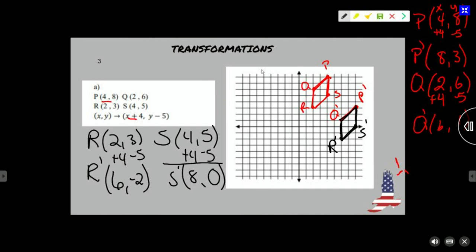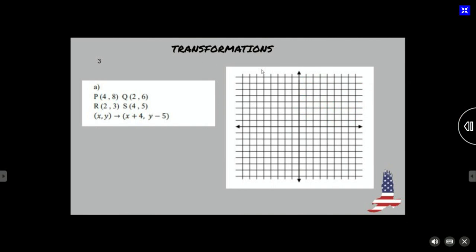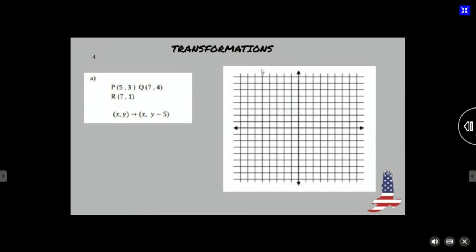All right, I want to skip 3B. I'll probably use it as a test question, so you might want to go do it. But I want to go to problem 4 because there's something I want to look at.